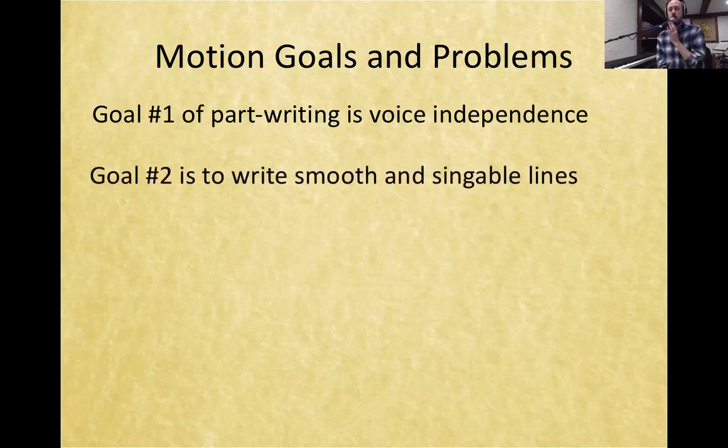The other goal, which makes sense in this four-part context but is also a larger musical goal, is to write smooth and singable lines, right? So we don't want something that's independent just for the sake of being independent. We also want it to be smooth.